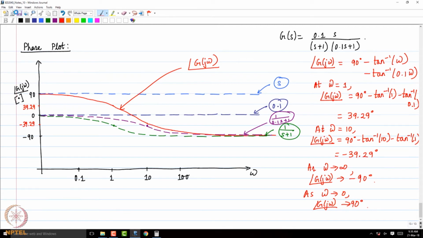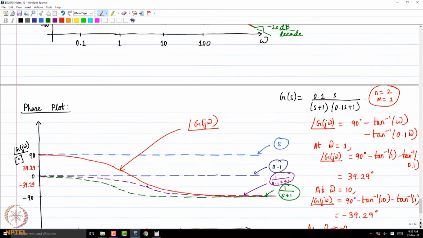What was n minus m in this problem? What is n? 2, m 1 in this particular problem, right, because this is the transfer function we started off with, okay, isn't it? Okay, so you see that n minus m is 1 in this case.